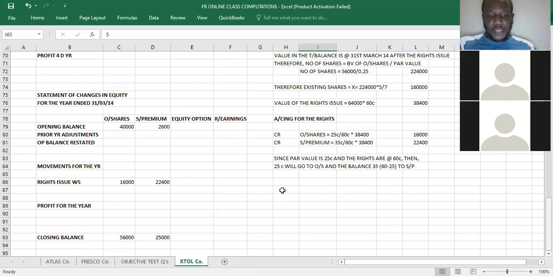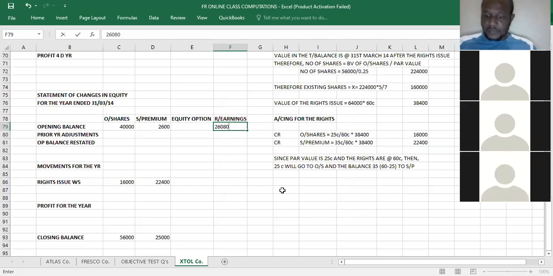So they give us retained earnings now, right? Yep. So we're almost done. Really, we're at the end now. So retained earnings at the beginning of the year is how much? 26,080, right? Yes.